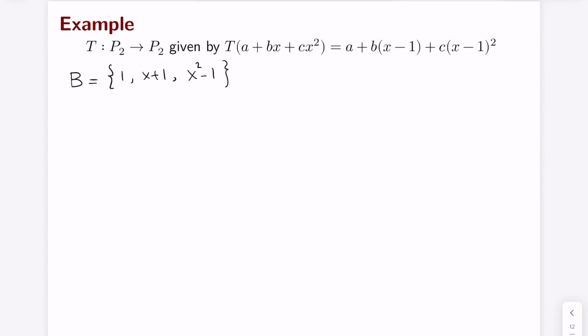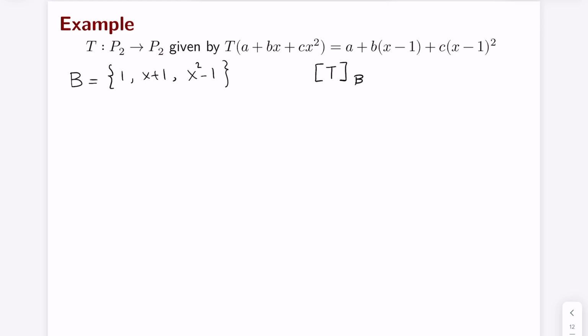Well, let's find in this example the matrix associated to T in the base B, where T is this transformation in the vector spaces of polynomials, such that it takes any polynomial of degree 2 like this and transforms it into this.